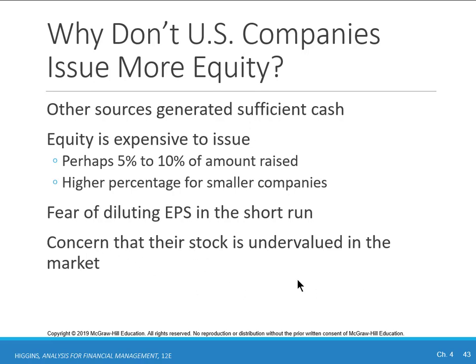Now, there's also some concern that the stock is overvalued in the market. So if companies are issuing stock, the idea here is that as managers, we think the stock is at a high point, and that we think it's going to go down. So that's why they don't want to issue stock.